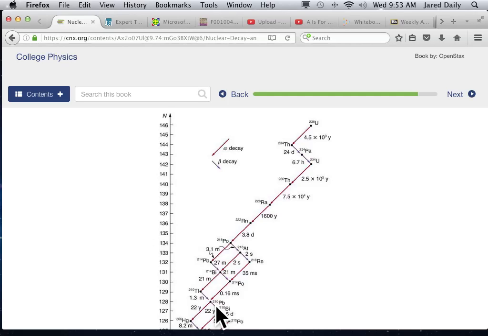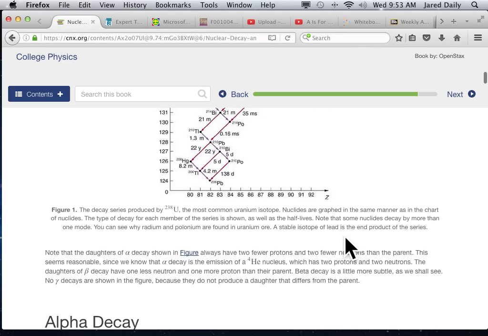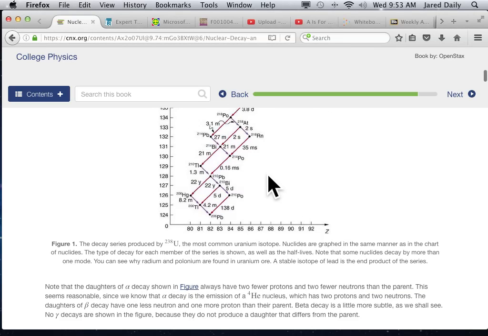Some decays have a higher probability than others. So some things are very likely to happen, some things are less likely to happen. And this is the study of nuclear science. Nuclear scientists study the way that atoms decay through these different decay paths. That's really all they study, actually.